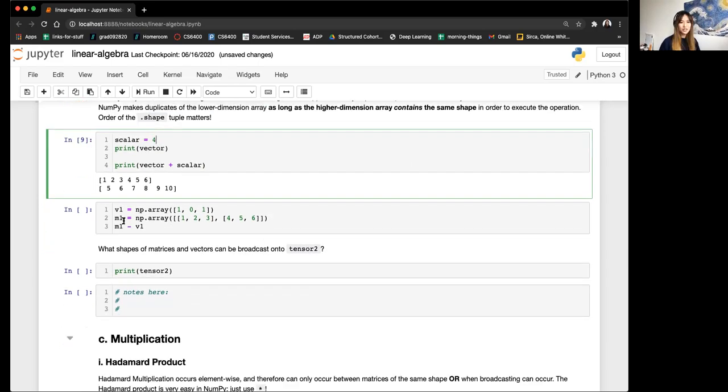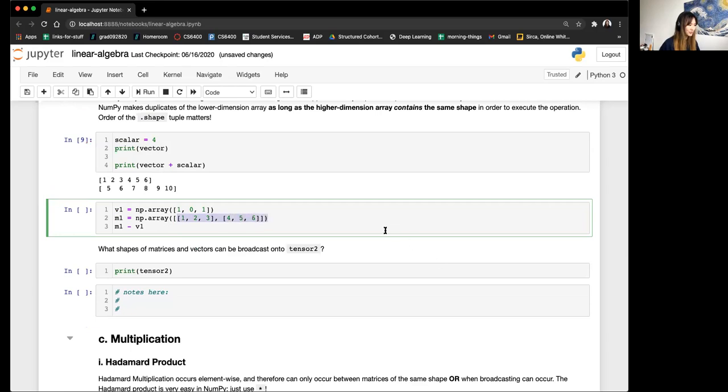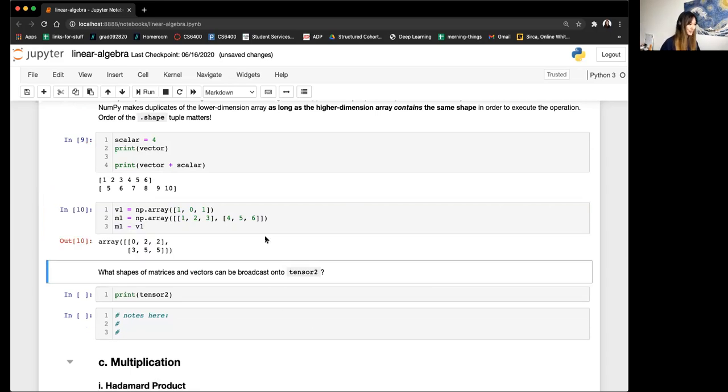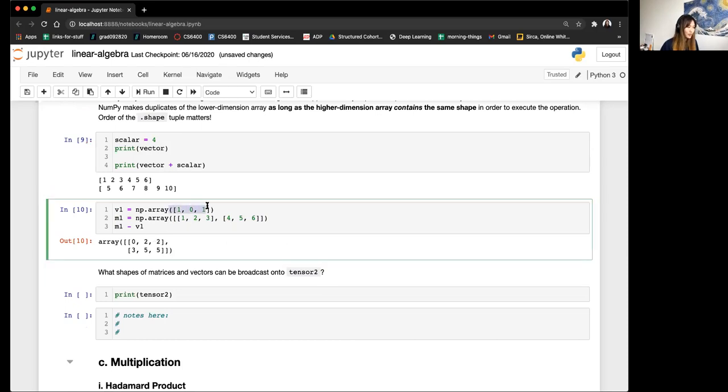Here I have a matrix-vector example. You can see I have this matrix of 1, 2, 3, 4, 5, 6, and this vector of 1, 0, 1. If I do m1 minus v1 and print this out, you can see that this 1, 0, 1 is being broadcast across the 2 rows of this matrix, which is pretty neat. Again, I don't have to do a loop, and it's also computationally more efficient.